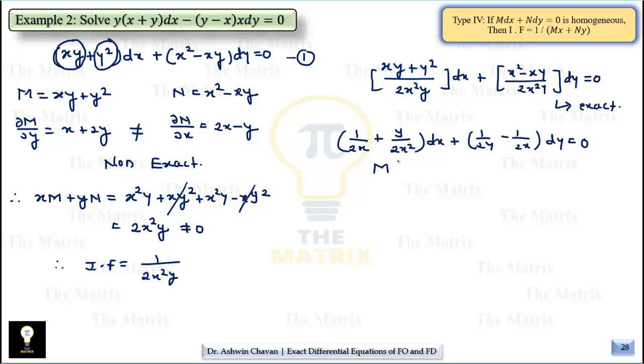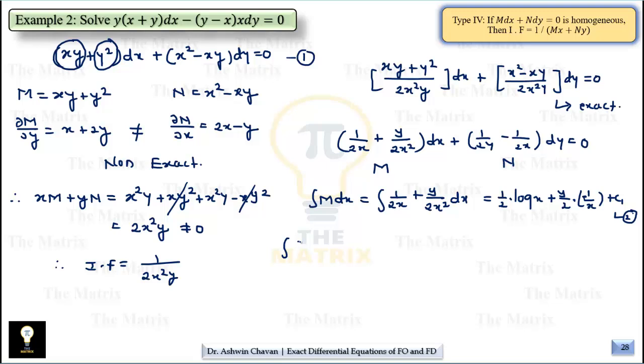Now this is new M and this is new N. Therefore, while solving an exact differential equation, we need the integral of M dx. So 1 by 2x plus y by 2x square dx gives 1 by 2 integral of 1 by x, which is log x, plus y by 2, and integral of 1 by x square is minus 1 by x, plus some c1, equation 2.